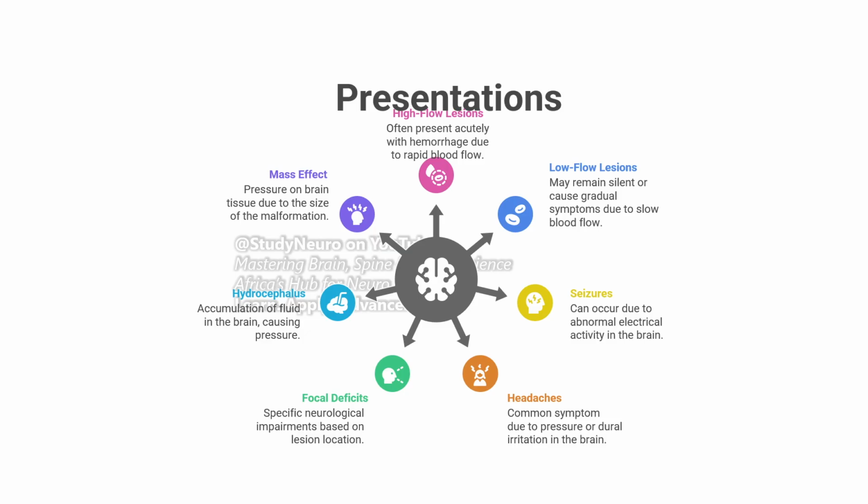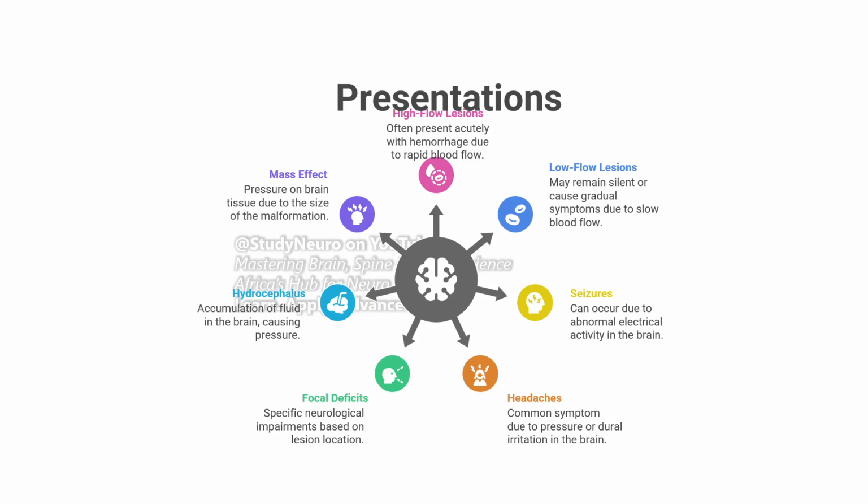Clinical presentation depends on the type of lesion, the size, the location, and the flow dynamics. High flow lesions like arteriovenous malformations often present acutely with hemorrhage, intracerebral hemorrhage, while low flow malformations may remain silent or cause gradual symptoms.